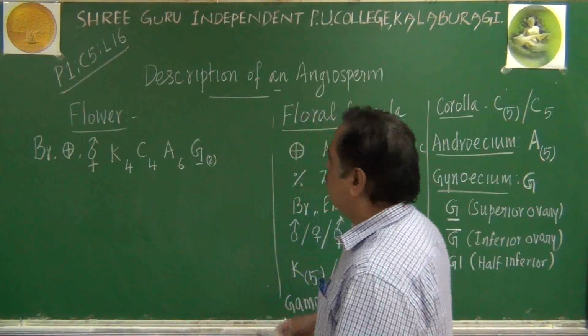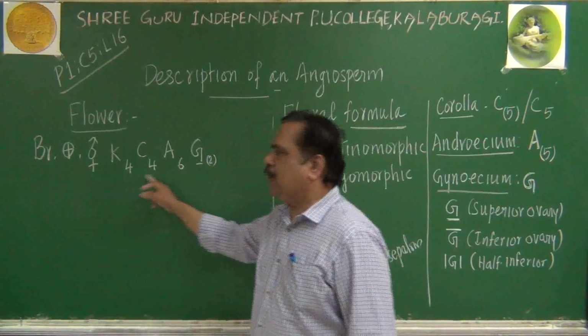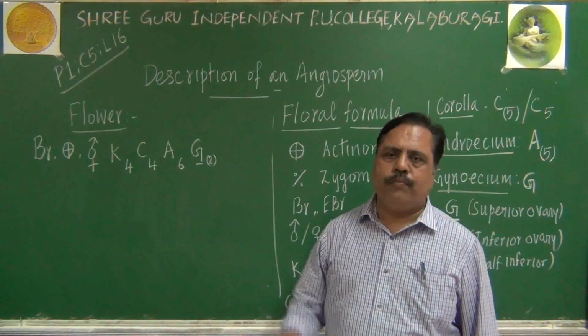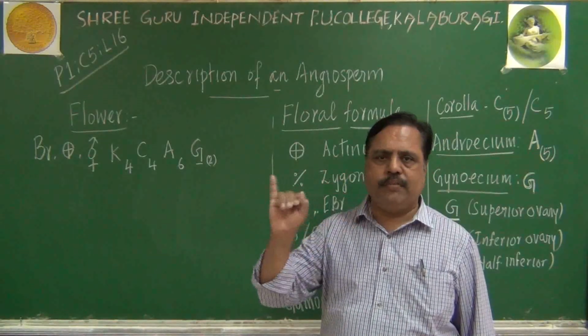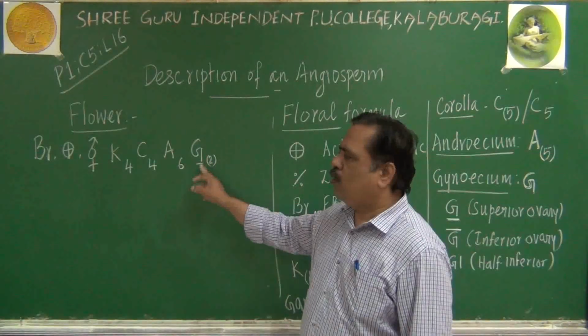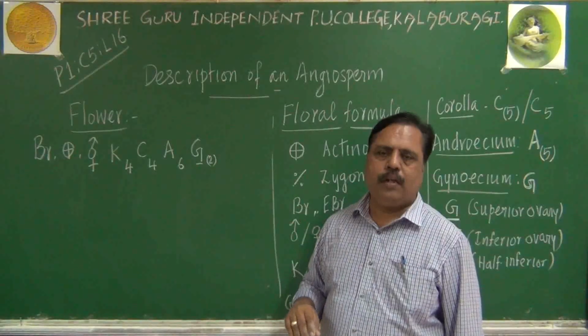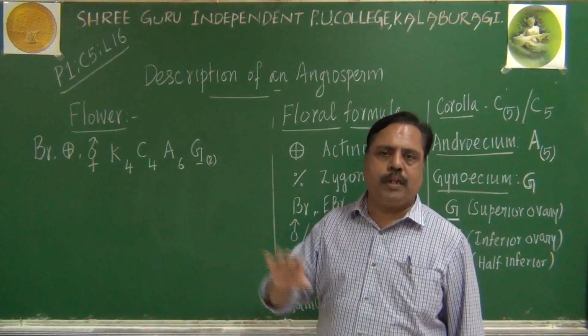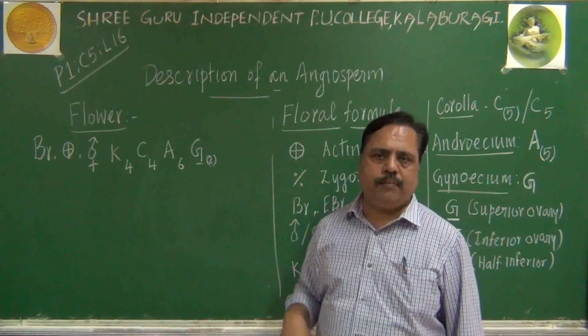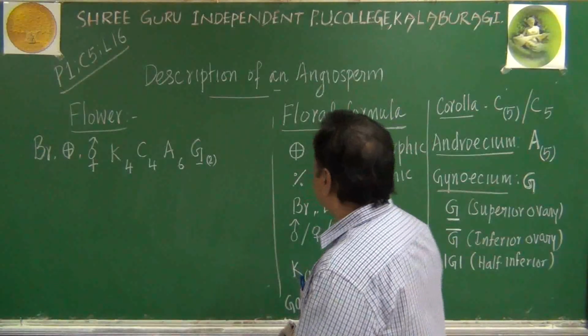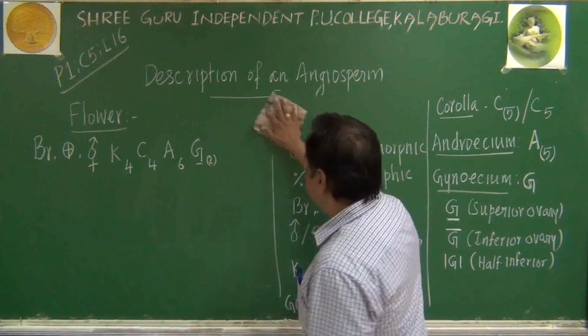Now remember, even though we write this formula here, we do not know about aestivation, we do not know about placentation. Even that can be incorporated symbolically. For that, we use another technique here.